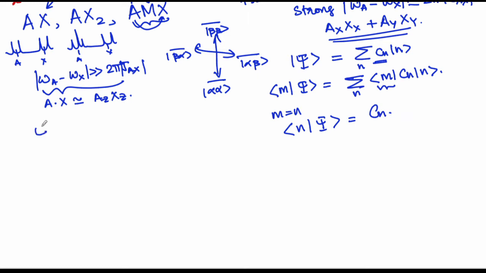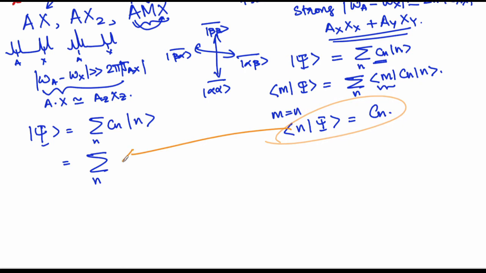So therefore, the psi that you had written up, which is a summation of Cn over the states n, can now be rewritten as summation over n, and just moving whatever we found to here, which will be the integral of n to psi with respect to n.